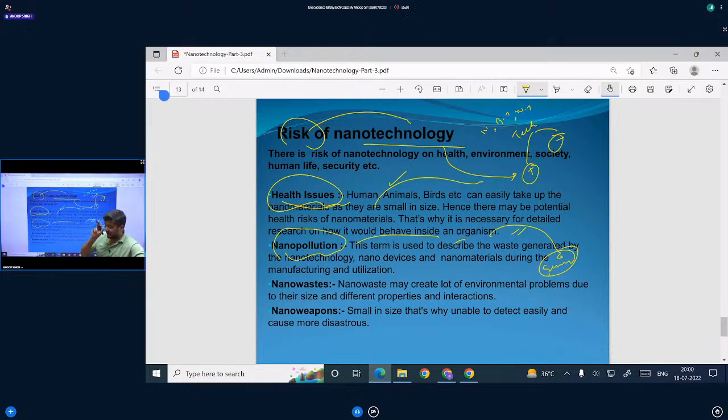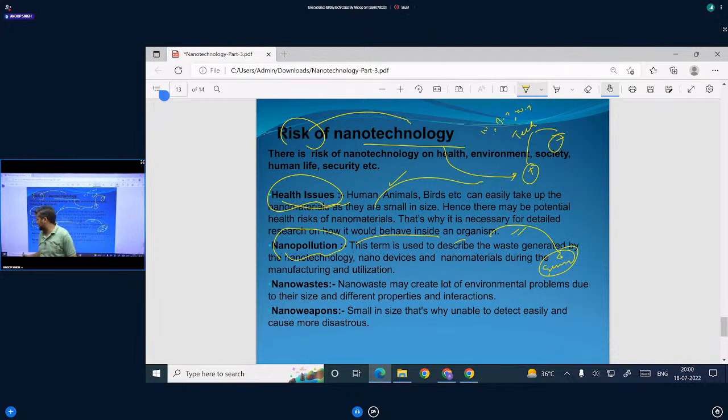For example, I told you that these nano catalysts and these graphene sheets and graphene membranes are used in controlling the pollution coming from the chimneys of the industries and also the exhaust pipes of vehicles. And after some time, these catalysts and these sheets have to be replaced. But it is equally important to decompose those used materials with the proper guidelines in the proper area.